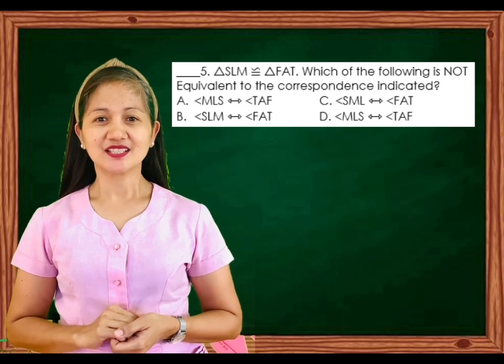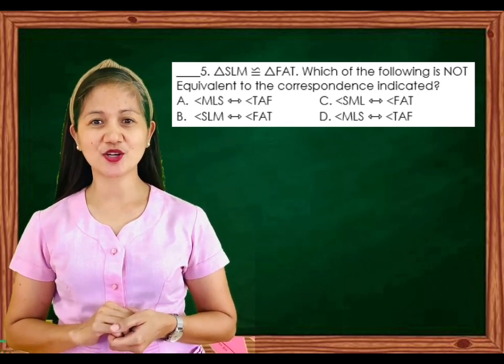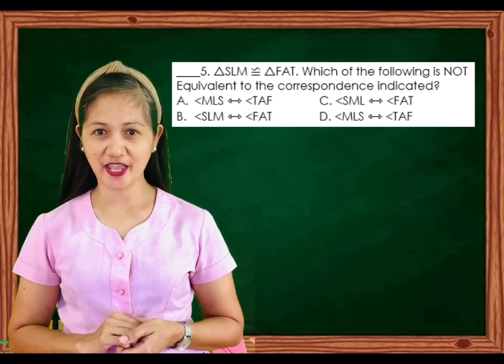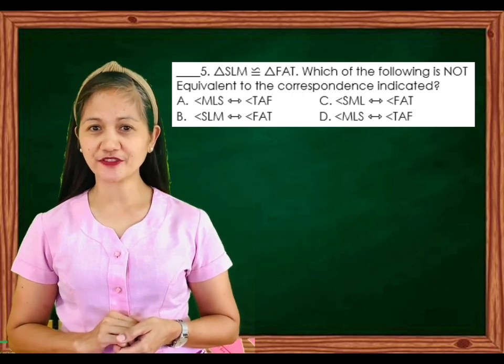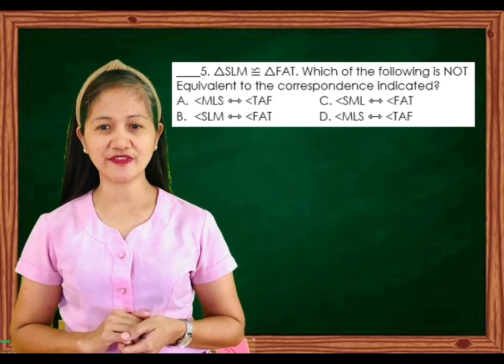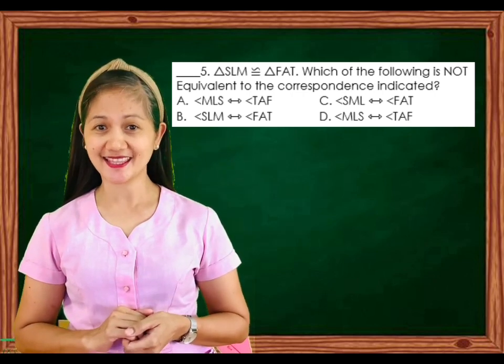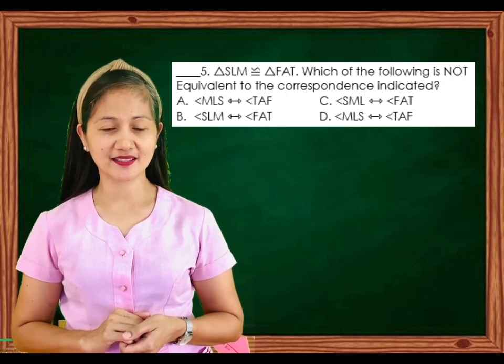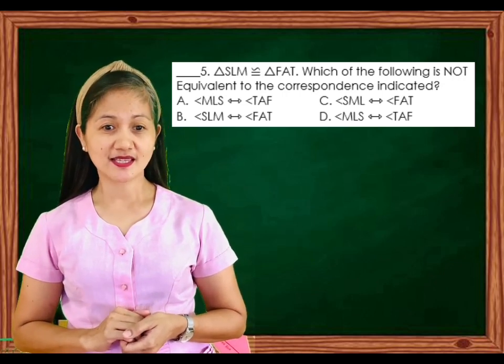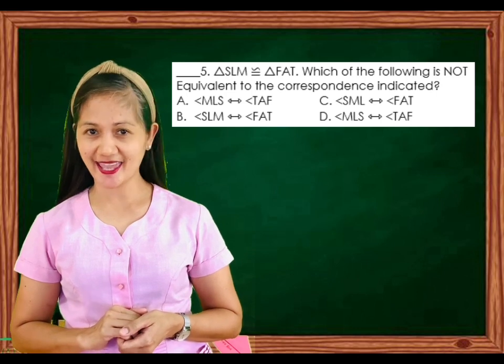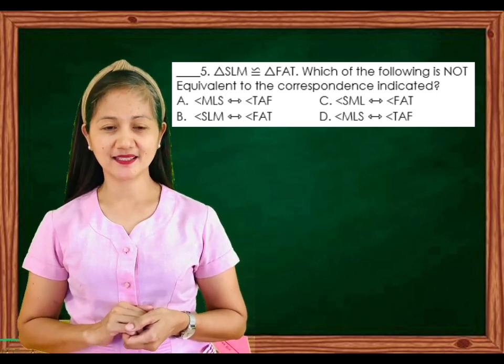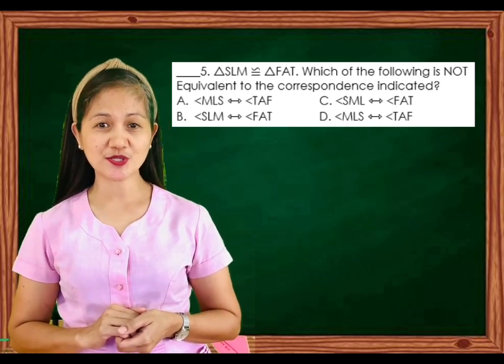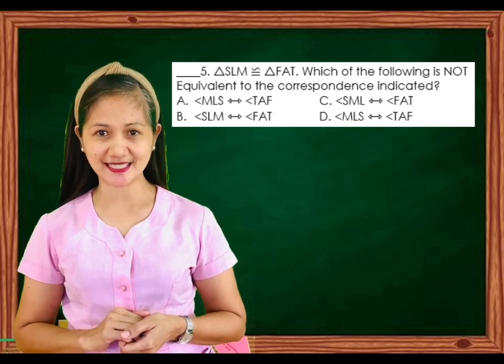5. Triangle SLM is congruent to triangle FAT. Which of the following is not equivalent to the correspondence indicated? A. Angle MLS corresponds to angle TAF. B. Angle SLM corresponds to angle FAT.